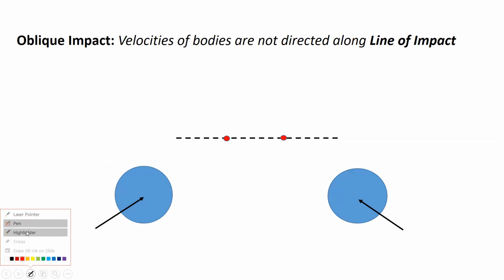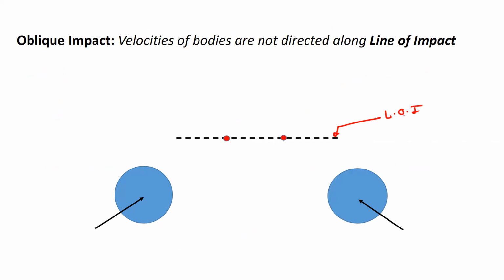So in the oblique impact, velocities before impact and after impact are directed at an angle with respect to the line of impact. Here the line of impact is shown. You can see this velocity is directed at some angle. Let us take this as theta A, and this is theta B. So you can see the process of oblique impact before collision and after collision.